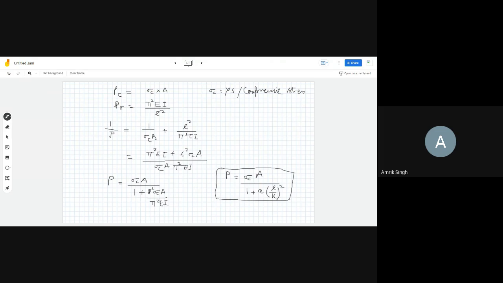So this is the Rankine load, where K is nothing but the least radius of gyration.